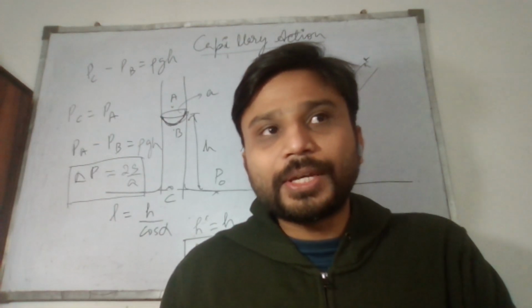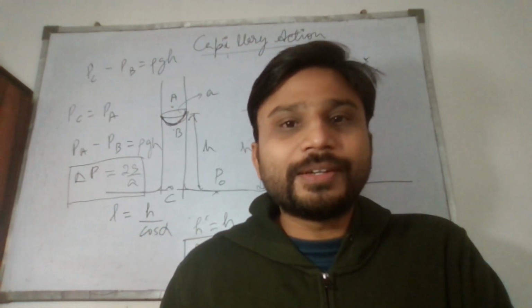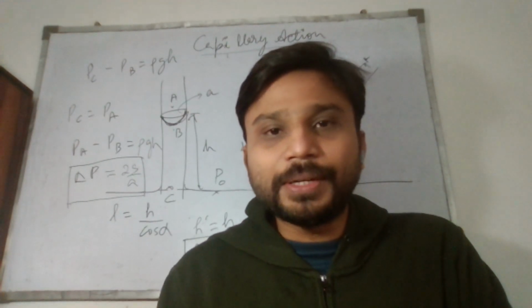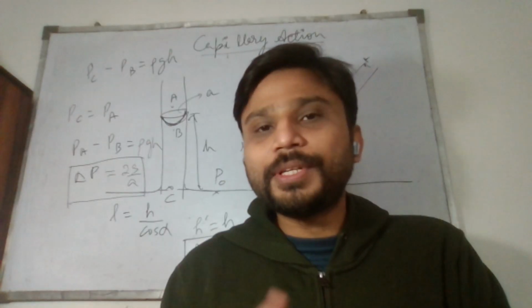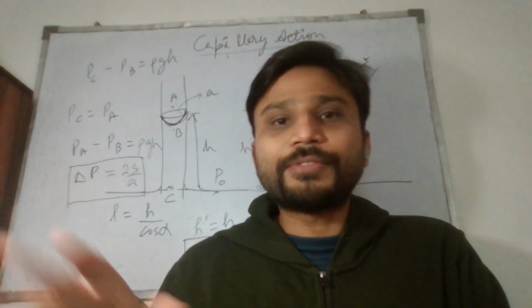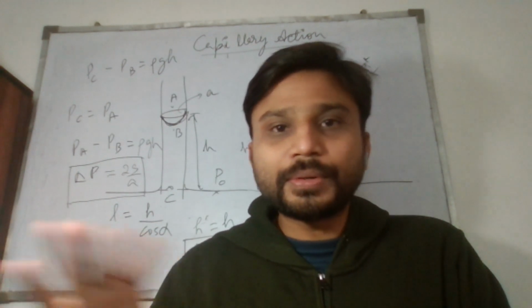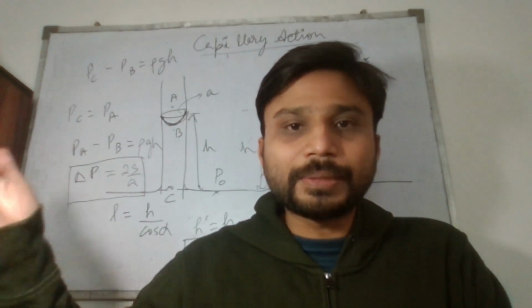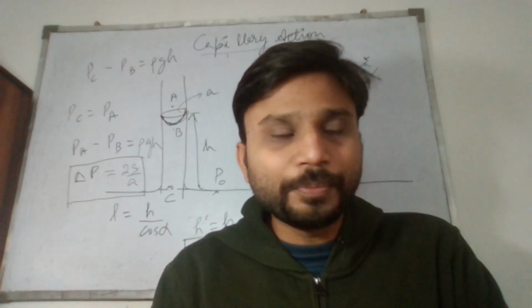Then we said that, okay, what would happen if we tilt the whole system? By system, we mean the capillary. So we said that it would be very convenient if we can find some kind of pressure difference, because it's because of pressure difference only that things go up and down inside a fluid.